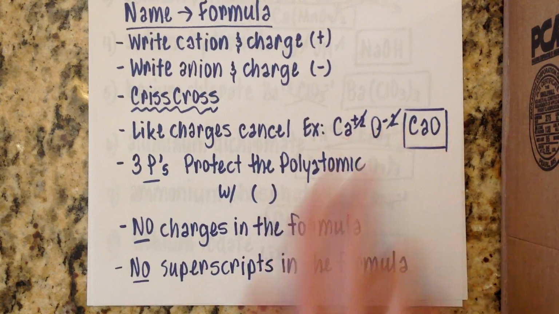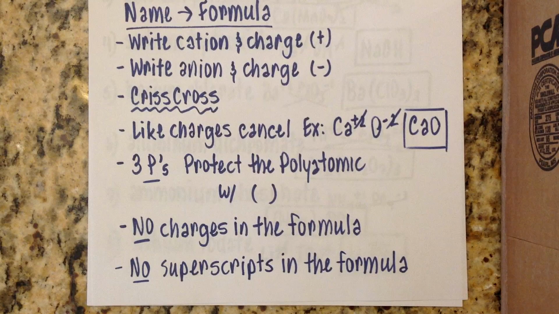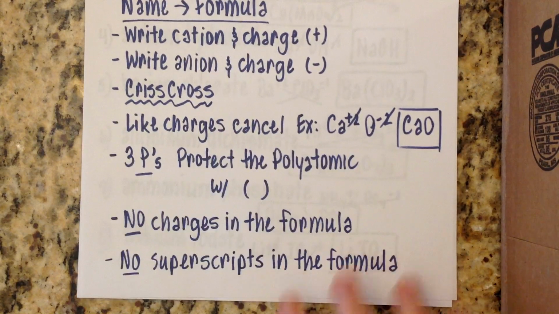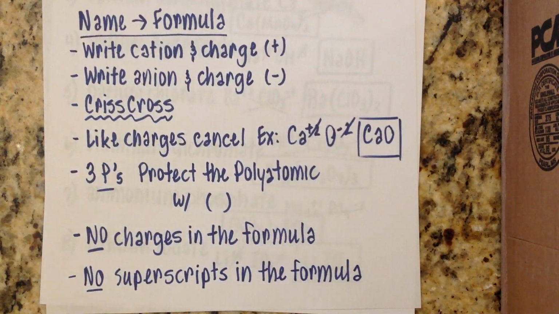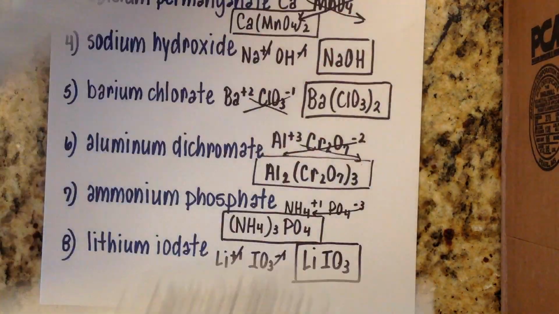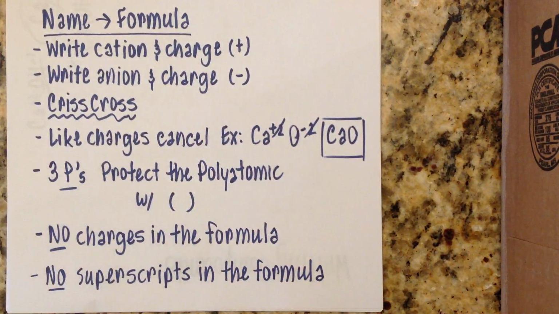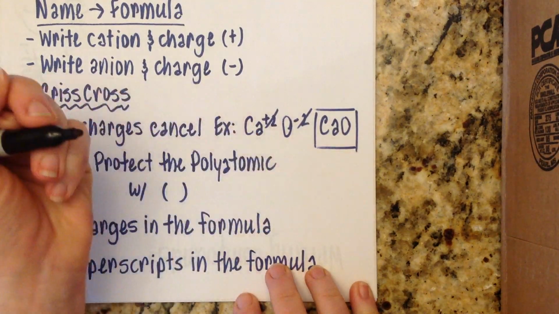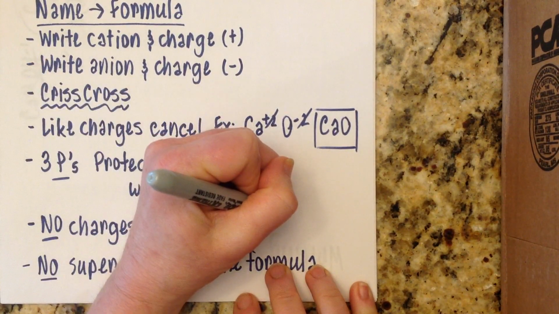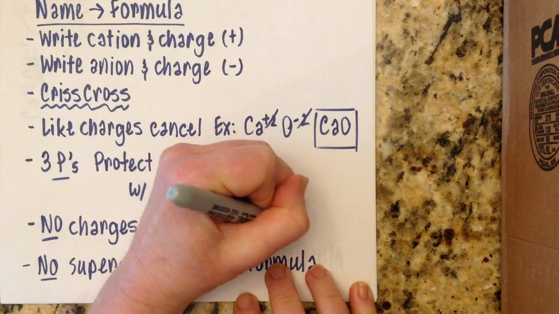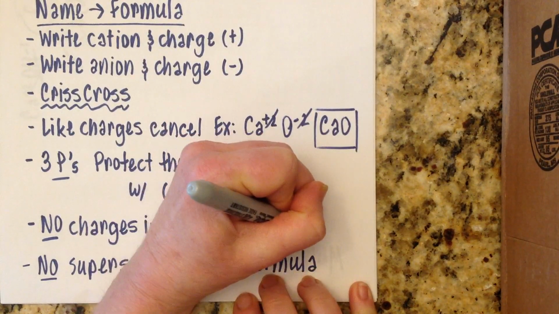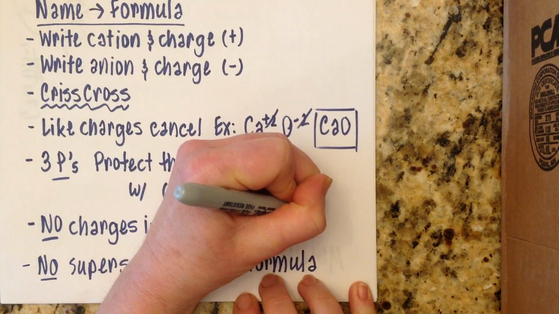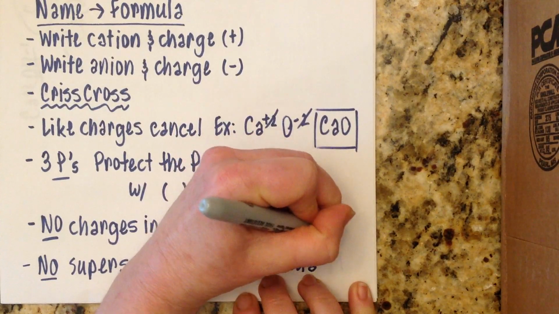always cancel. Make sure that you don't put any charges in the formula, for example, and I'll write this down real quick too. I'm all about the overkill here. If you say it once, 5 times is even better. So, for example, it would look weird to see a -2 O +1.